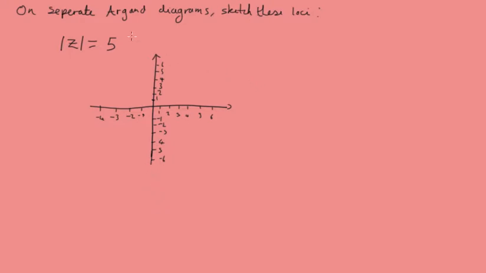So for this, we've got the circumference of a circle centred on 0, 0 with radius 5.